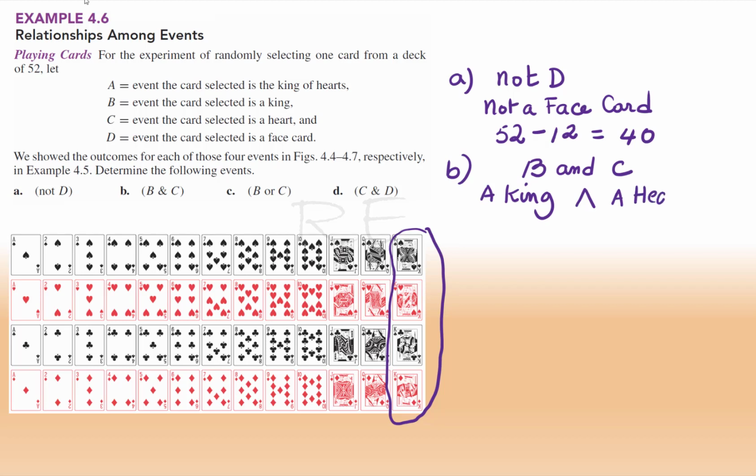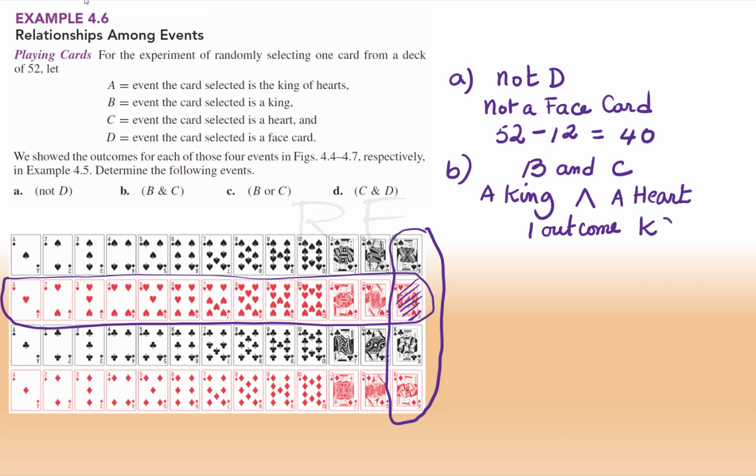We have 13 hearts. Now, if it has to be both, then we need to take the overlapping part of our diagram, and that overlapping part is the king of hearts. So it's one outcome that satisfies both requirements: the king of hearts.